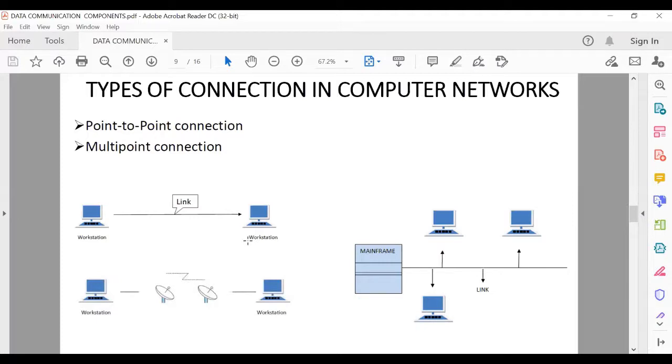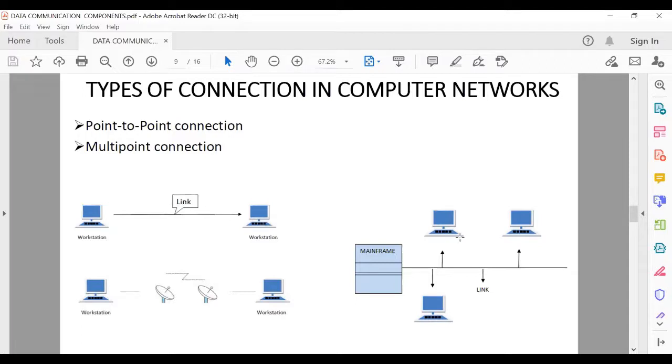That is one type of example. We can connect the two devices by means of a pair of wires, or using a microwave or a satellite link. A real life example is a point-to-point connection between a remote control and a television for changing the channels.